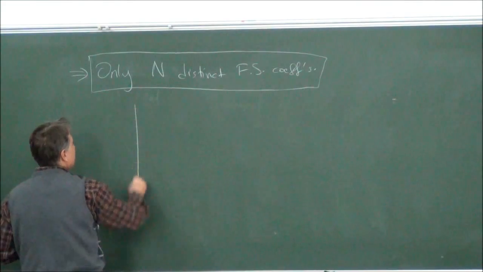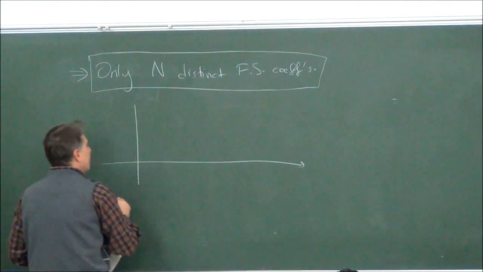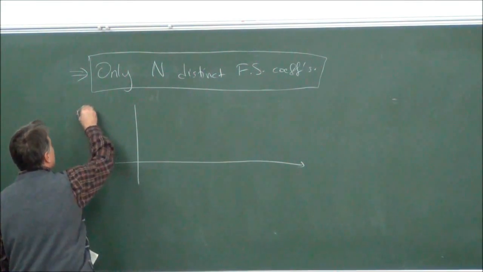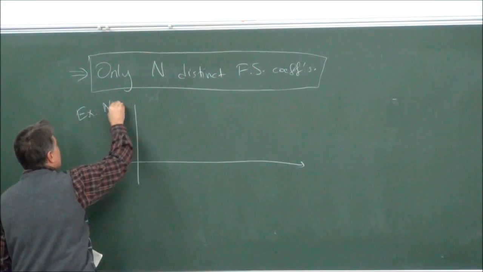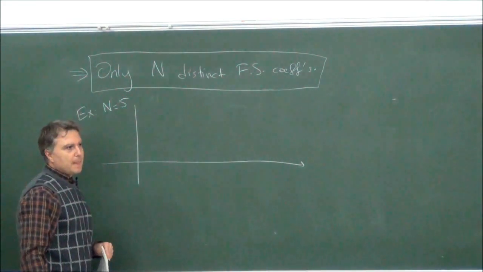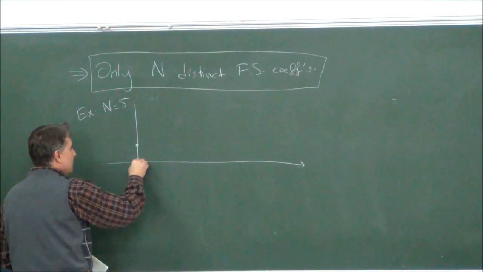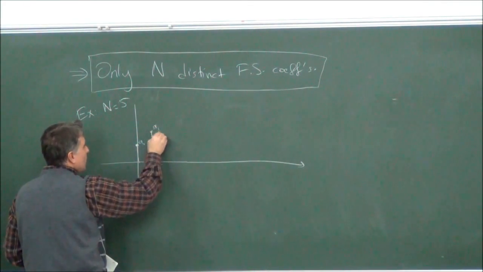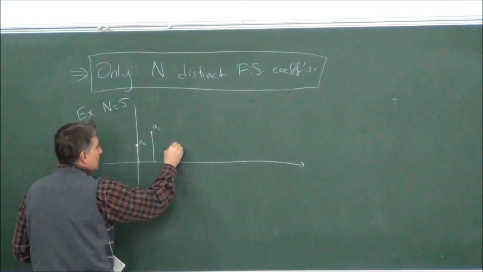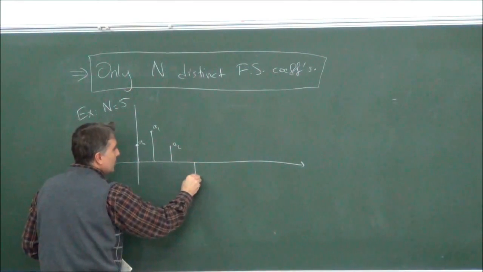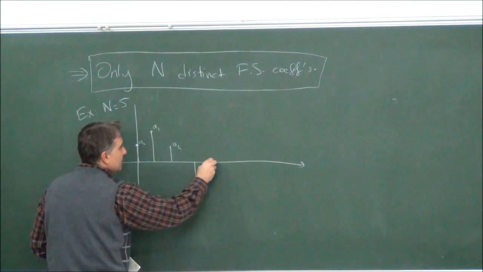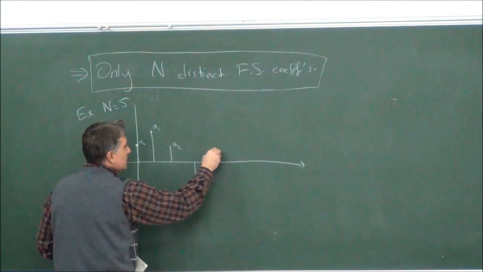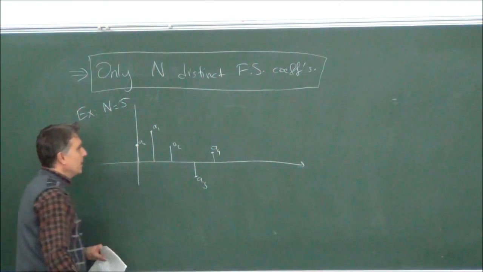We have only N. For example, let's assume N is equal to 5. Then this is a_0. Then this is a_1. This is a_2. This is a_3. And this is a_4.